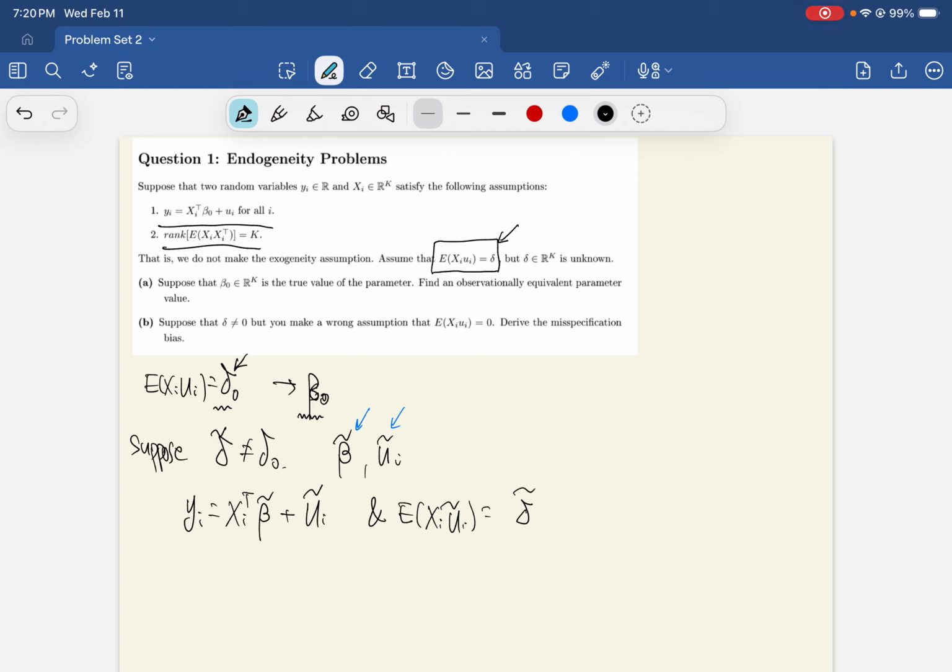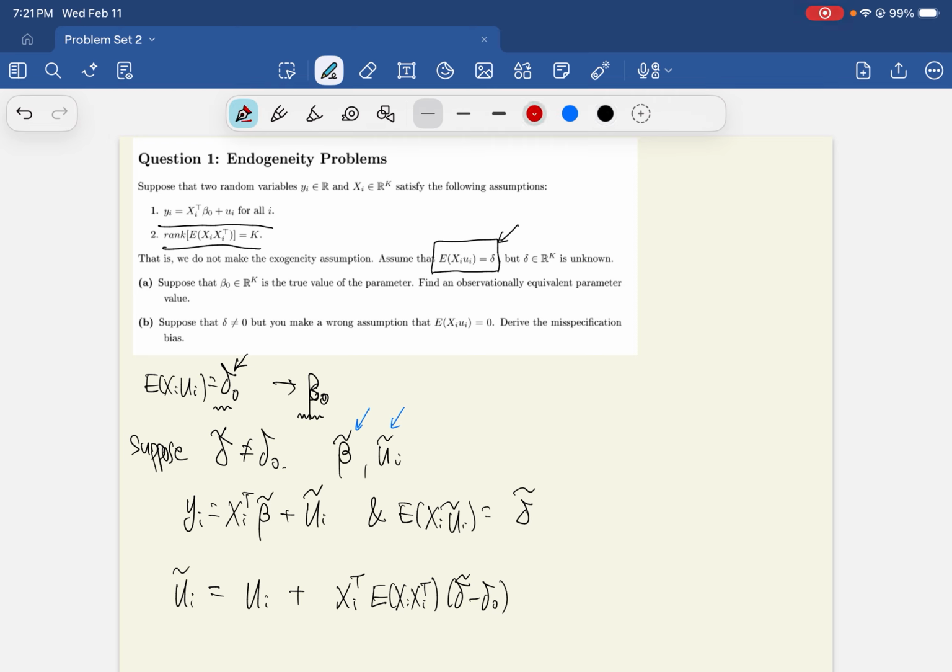I will just modify u tilde. I will define u plus x_i transpose something. Let me just write it down. So let's think about this u tilde.